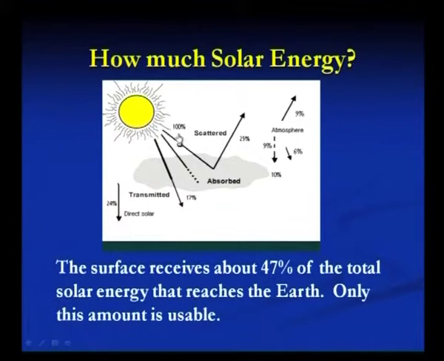Only 25% of this 100% falls on the Earth directly, and 17% is transmitted through the atmosphere. Some amount is absorbed in the atmosphere itself because of the presence of various gases, dust, smoke, clouds and other components.